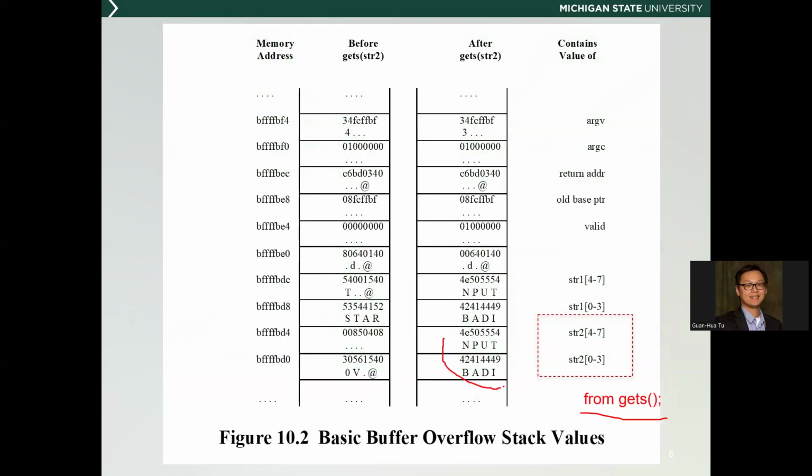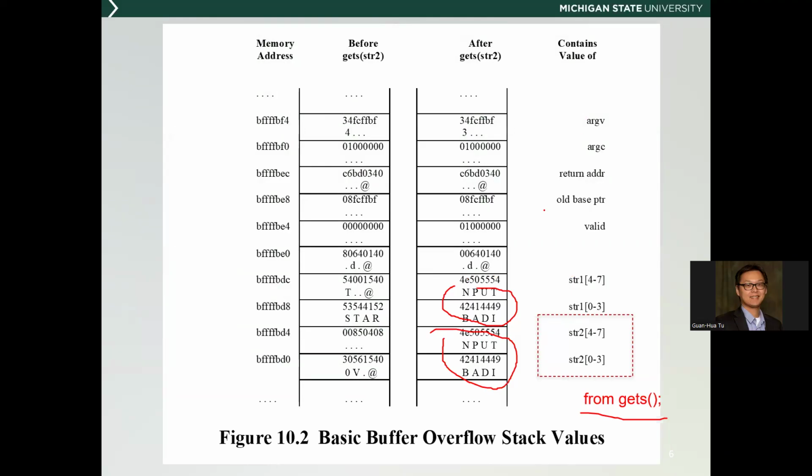So we will overwrite string 2 with the bad input. We also overwrite string 1, because string 1 is adjacent to string 2. If we provide data longer than string 2's capacity, it will overwrite string 1 because string 1 is adjacent to string 2.